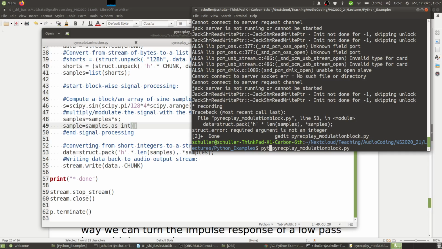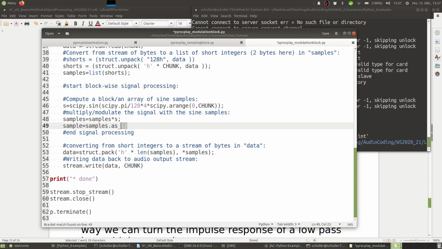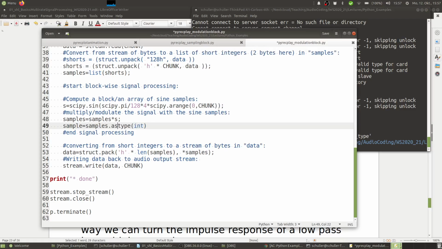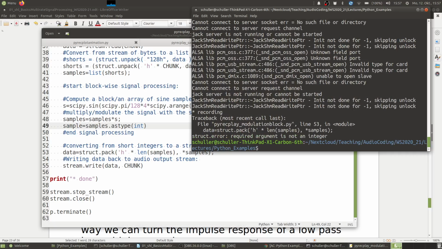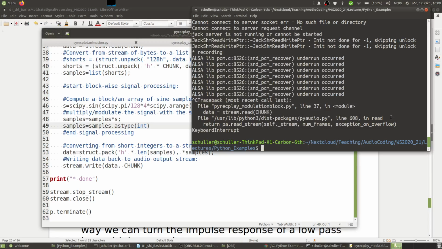So let me try it again, Python 3. Let's see. Okay, I forgot an S here, so now it should work.